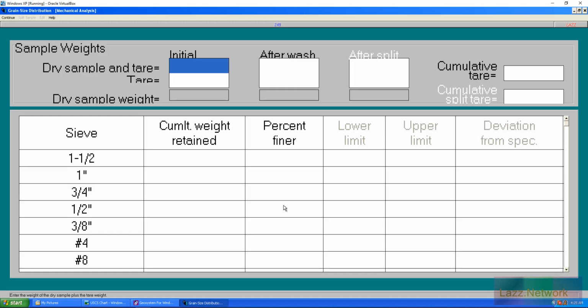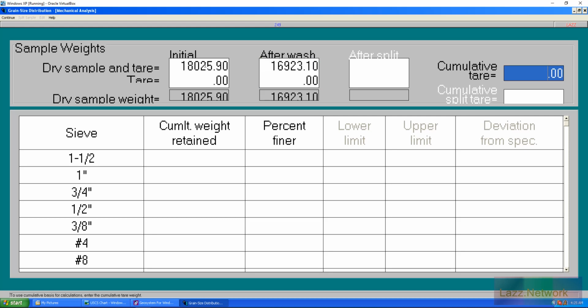So let's see here. 18025.90. What do we got? 16923.1 and 0. And then there's no split. Okay. So let me just make sure I got all the sieves.